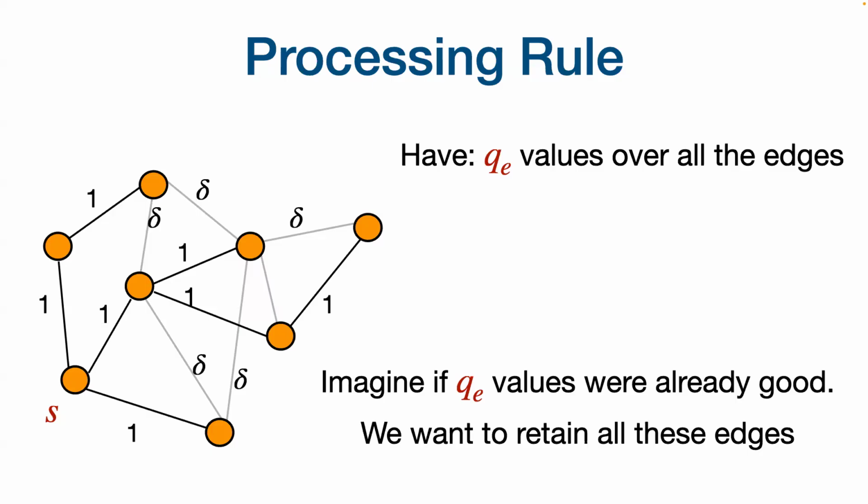I have artificially created an example where these shortest paths surprisingly have QE values of 1. Just think of it as something very large. And every other edge has very small QE values. In such a situation, you want to just retain all these edges.